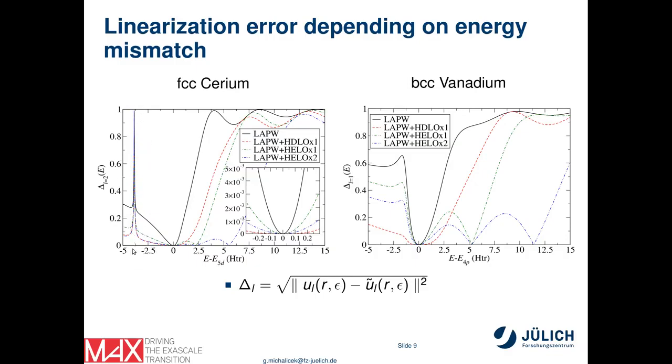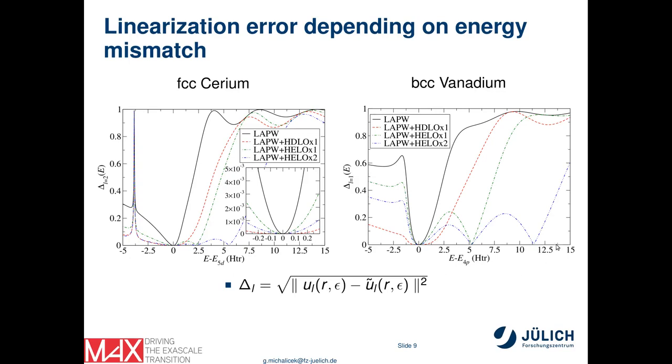So there is some state that we actually cannot nicely represent with our basis. And this is very good because in this example, this is the 4D core electron state, and our LAPW basis should be orthogonal to that. And we see that this actually is also fulfilled.